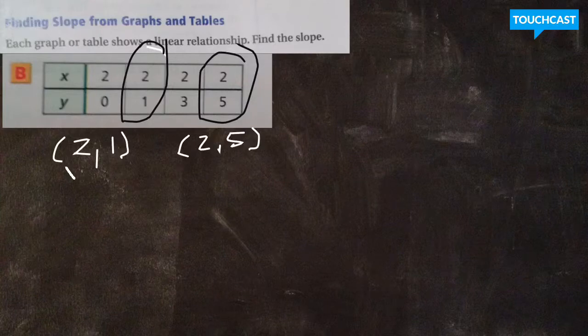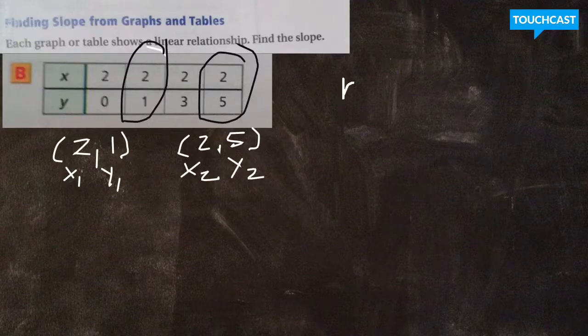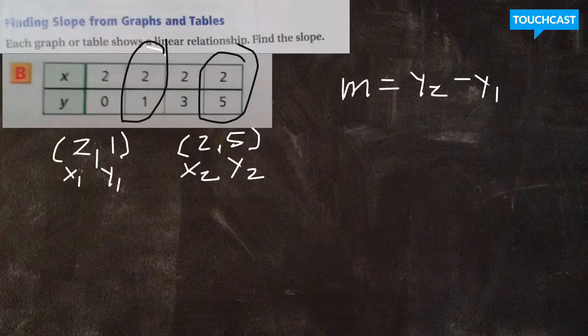So we have our x1 and our y1 and our x2 and y2. Let's write out our formula. M is equal to y2 minus y1 over x2 minus x1.